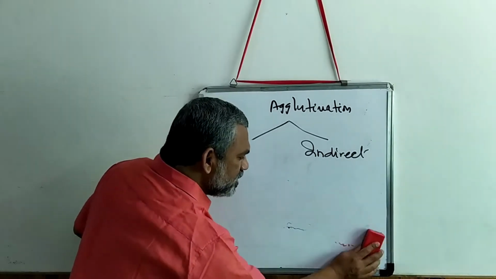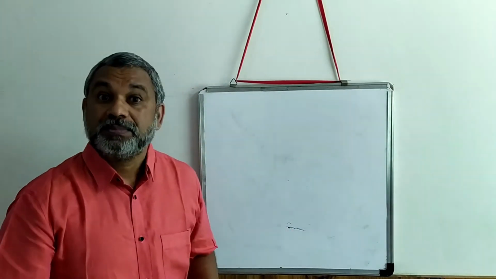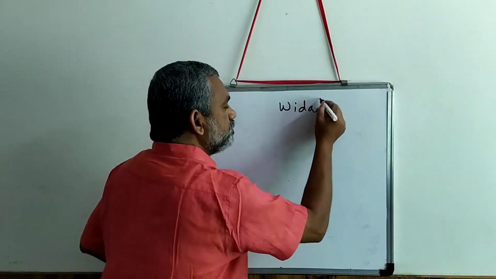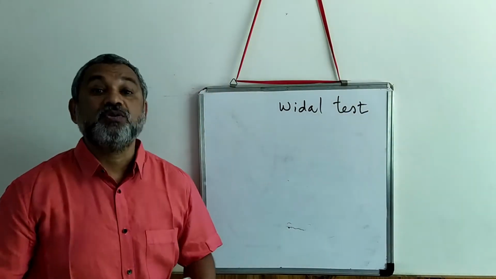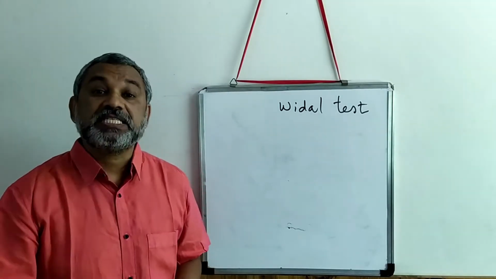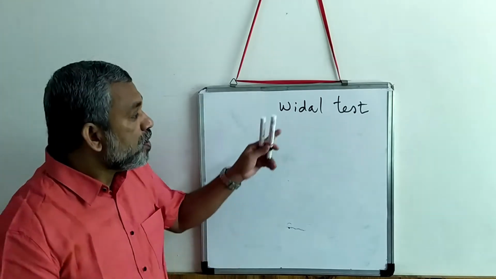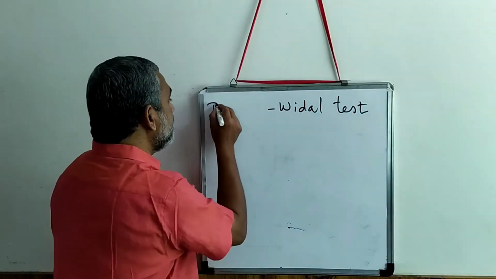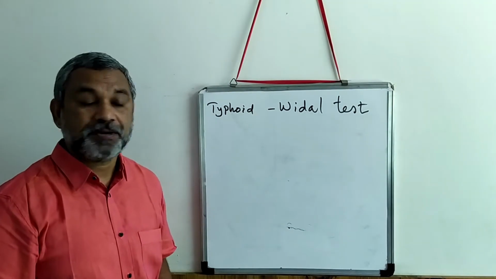Another important agglutination reaction which I think all of us must know is the Vidal test. There are two direct agglutination reactions which are done in test tubes, and these are called serial dilution methods. One is the Vidal test, which is done as a confirmation test for typhoid.